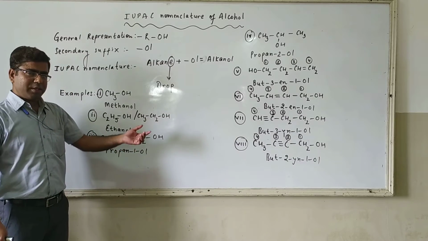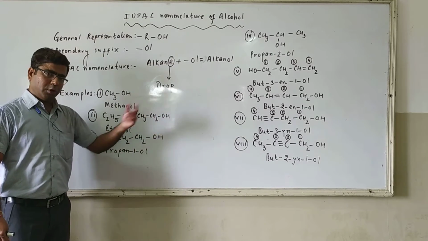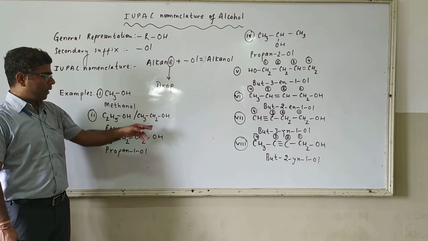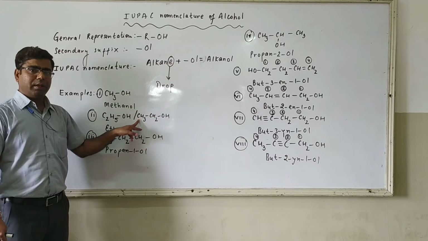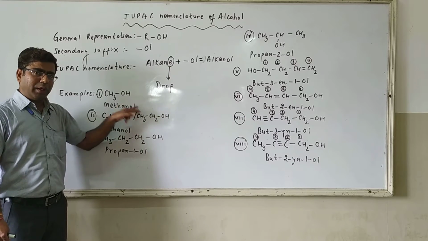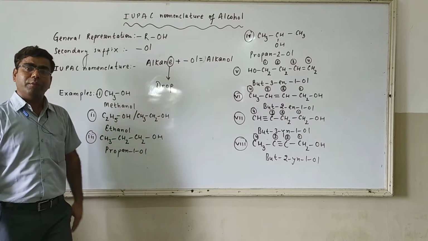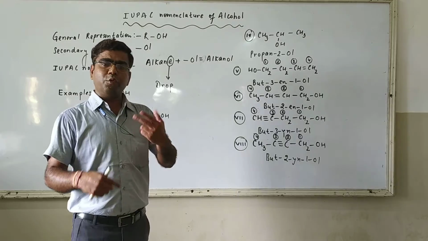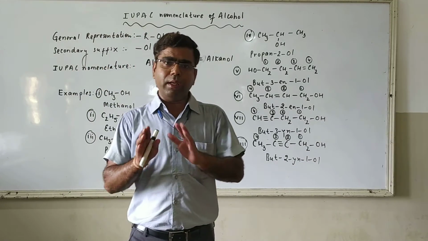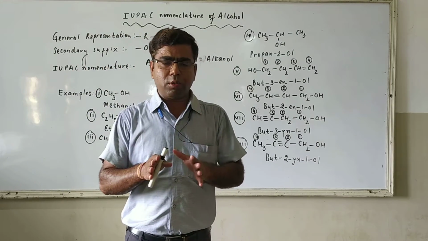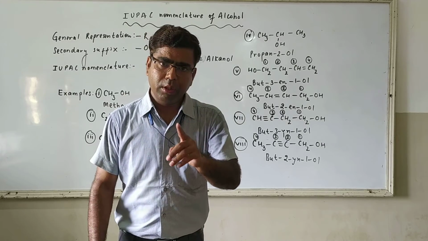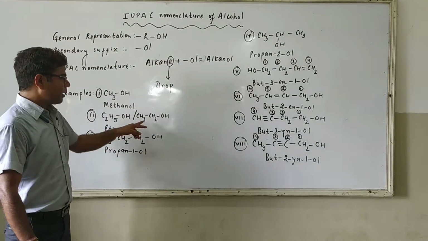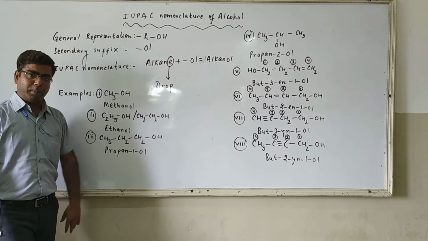Now, if I change the position of the OH group, instead of placing it on this carbon, I am placing it on this carbon, then this carbon atom will be treated as carbon number 1. So if we have two carbon atoms, there is only one position for the OH group, and this is position number 1. So here we have not specified the position of the OH group.